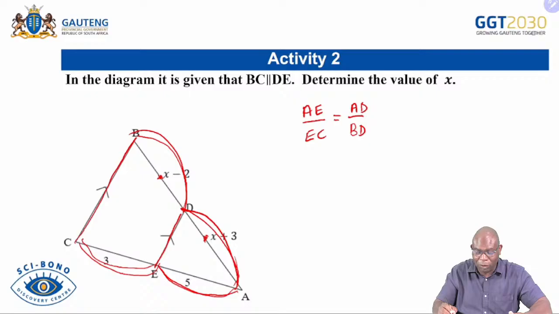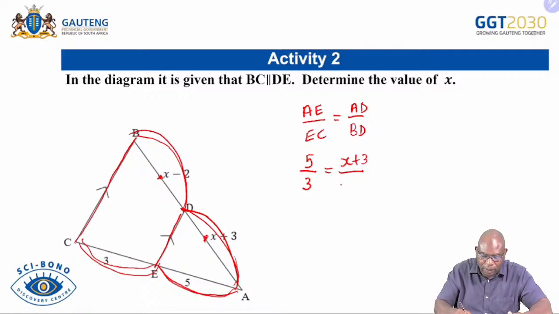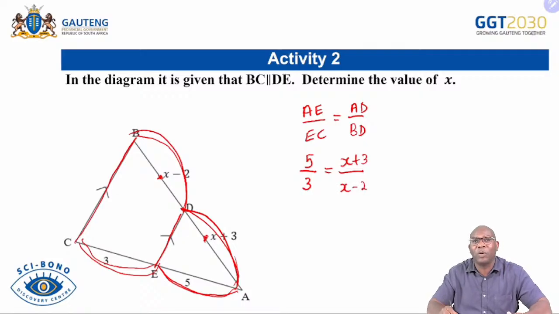So now let's substitute. We need the value of x. What is AE? It's 5. What is EC? It's 3. What is our AD? Our AD is going to be x plus 3. What is our BD? It's going to be x minus 2. Then what do we do? We cross multiply. When we have these ratios, we cross multiply.